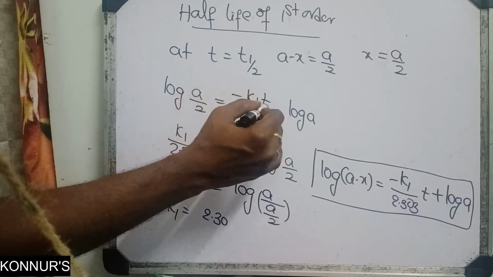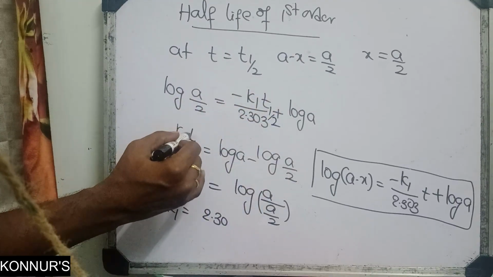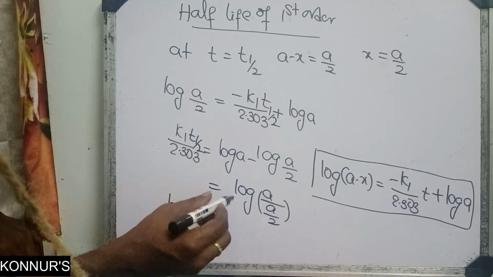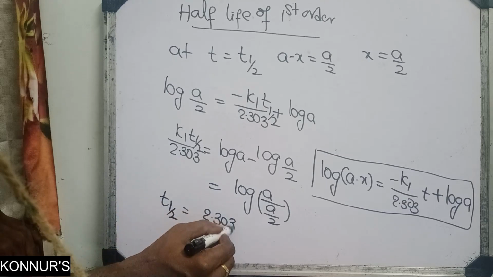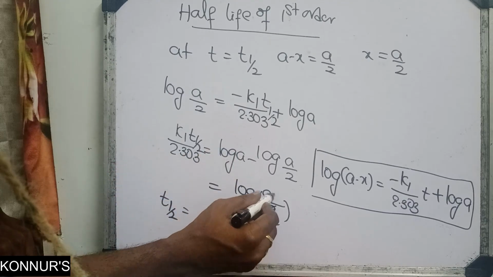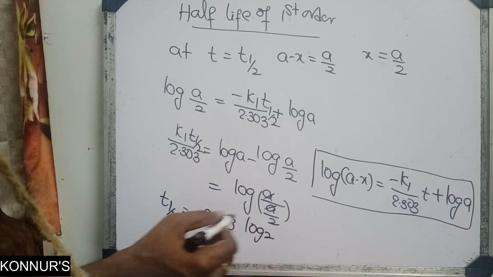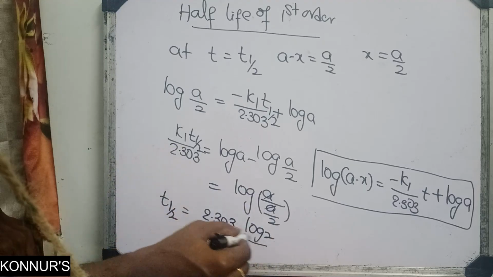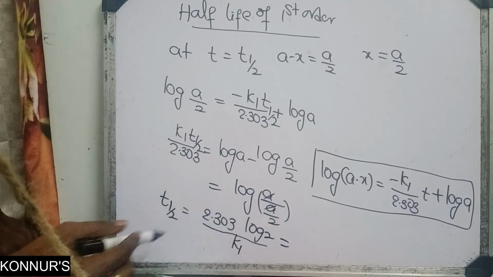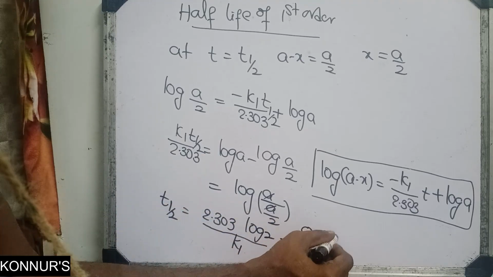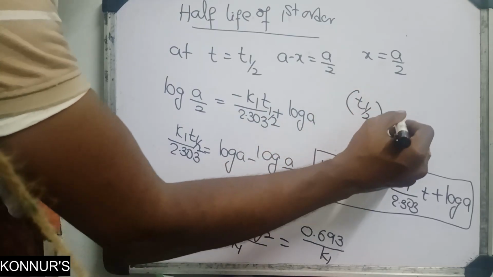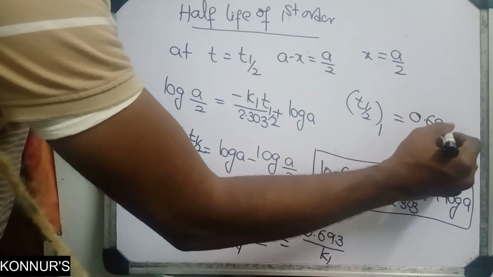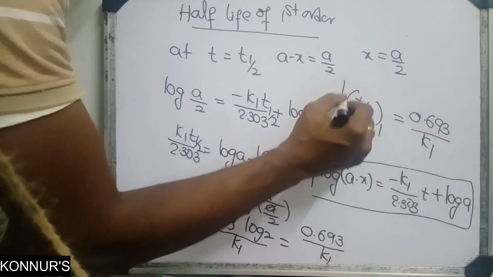So here a by 2 means t half. So t half equal to 2.303 log 2 divided by k1, with a and a cancelling. That equals 0.693 divided by k1. So the important t half of first order equals 0.693 by k1.